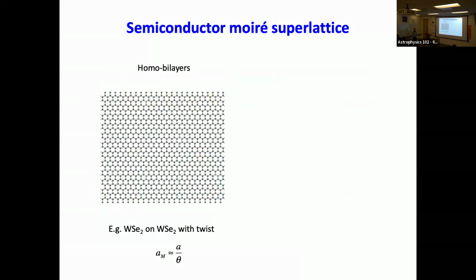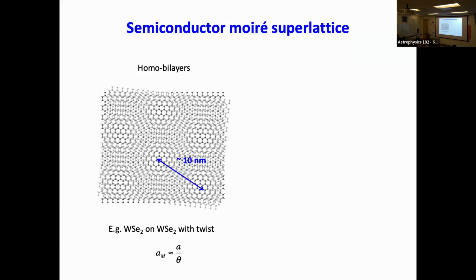And you can build moiré superlattices, just like what the previous talk was about. And there are two ways to do it in this type of material. One is to use the same material, two layers of the same material, we call it homobilayers, and you give it a twist angle theta, then you get an interference pattern like this. And the moiré period is about 10 nanometers, depending on the twist angle. So the moiré period is about the lattice constant divided by the twist angle, for a small twist angle.